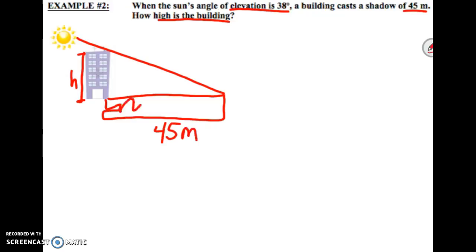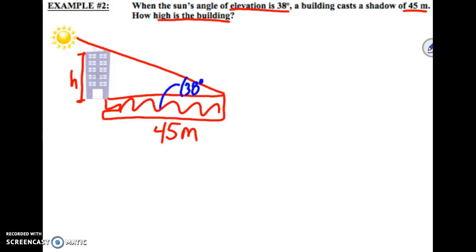And this is the shadow of the building. The angle of elevation, so from the building looking up, is 38 degrees. We know that this angle measures 38 degrees. We're trying to find height.